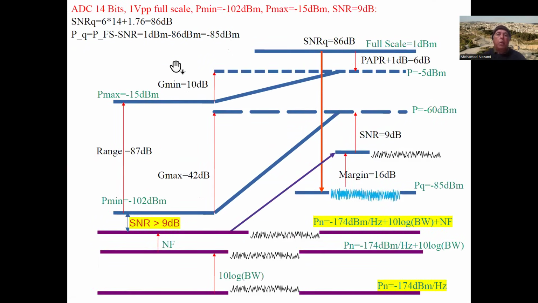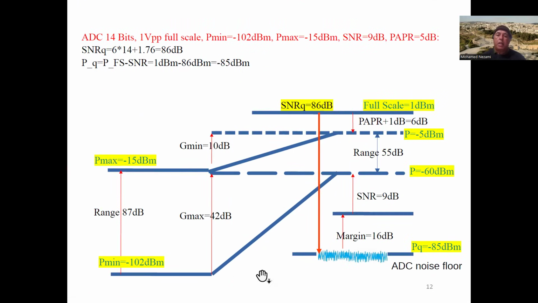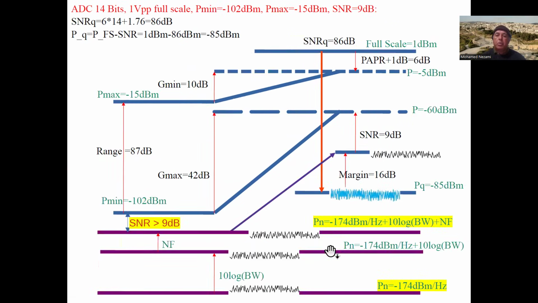Okay, so now likewise, now we could look at this here. We didn't mention anything about the noise floor other than saying we need the noise floor to come to above 16 dB above the quantization noise, and that's because of this here. So I have this is minus 174 dBm per hertz at room temperature.